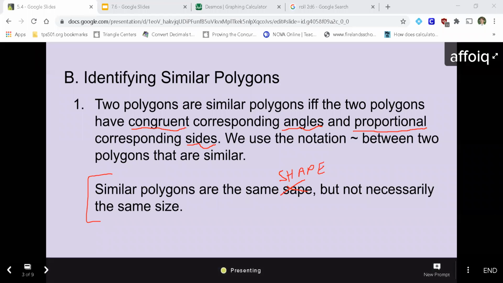I'll give you a minute to copy that down, and then we'll move on and start doing some examples.